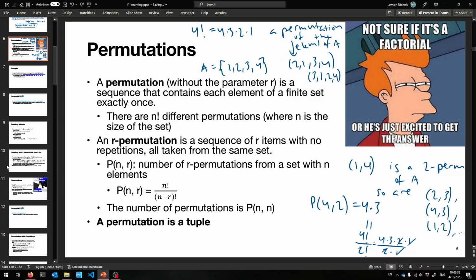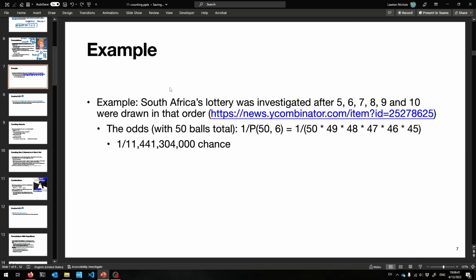Yes. Here is a silly example of permutations. South Africa, a couple years ago, had a lottery, and you can read about this on this website if you'd like. They were investigated after these numbers were drawn in that exact order: 5, 6, 7, 8, 9, and 10.